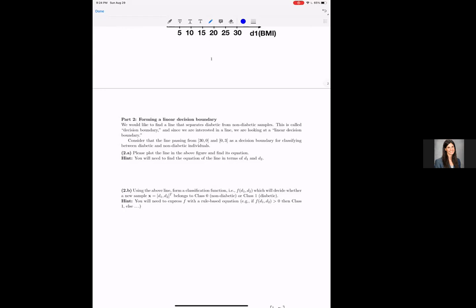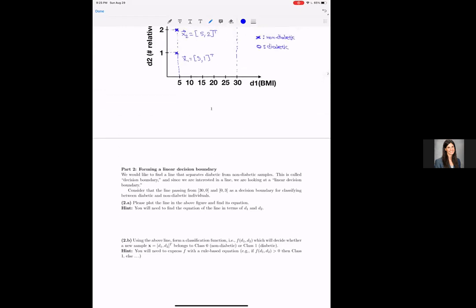This exercise gives that this line passes through points 30, 0, and 0, 3. So it asks us to plot the line in the above figure and find its equation.